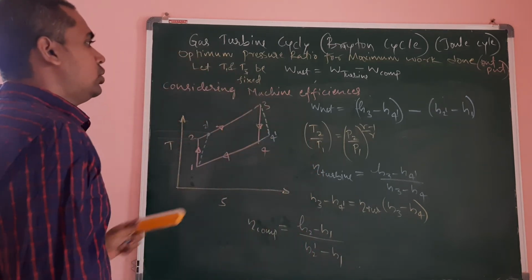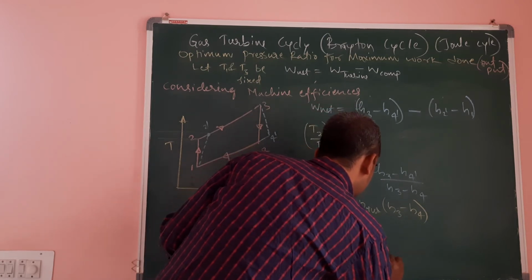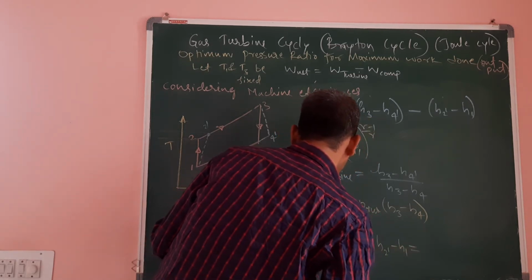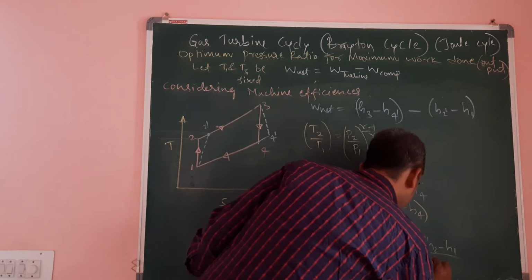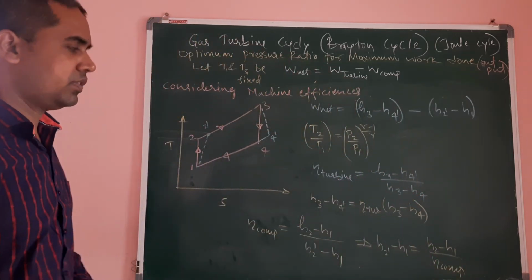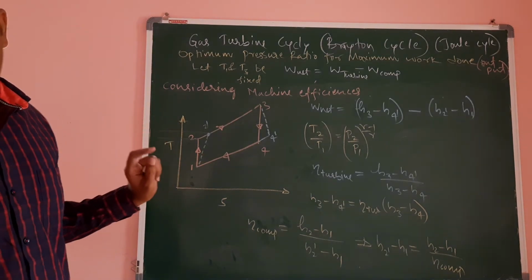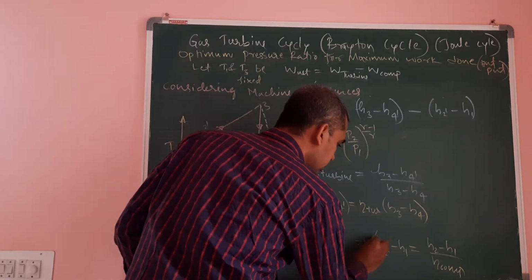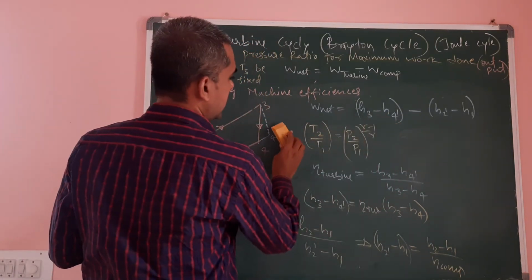So H2 dash minus H1 is equal to H2 minus H1 divided by compressor efficiency. I will write eta of C for compressor efficiency and eta of T for turbine efficiency. Now I will substitute these in the W net equation.